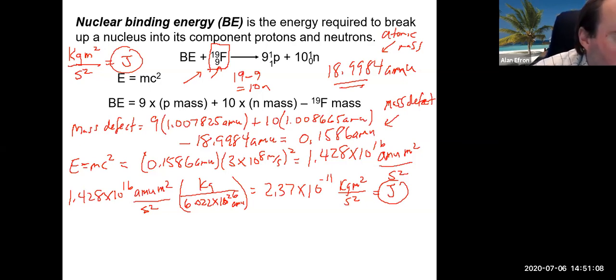And usually the way binding energy is displayed is by taking that number and dividing it by the number of nucleons, which in this case is the mass number, or 19.